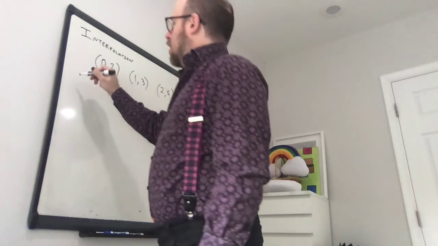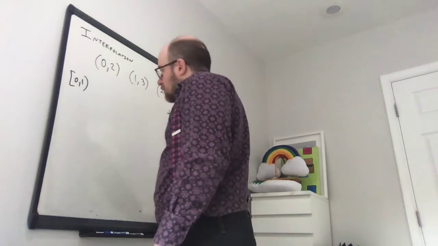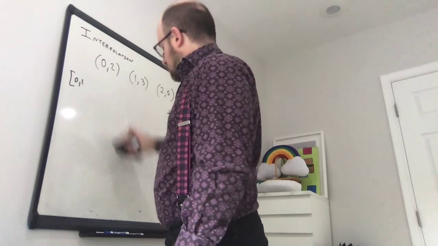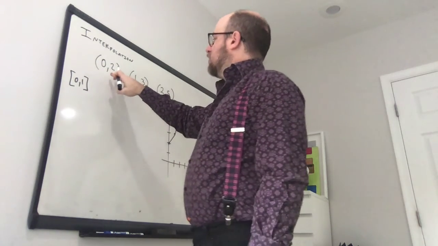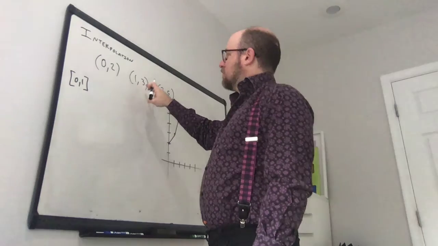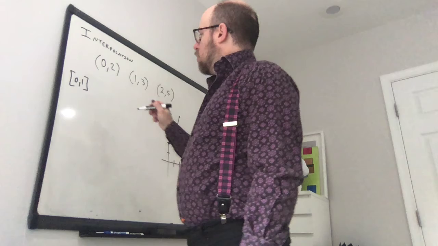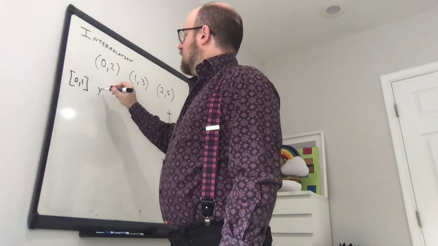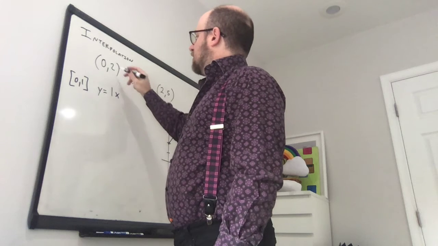And so on [0, 1], we want to use the line between (0, 2) and (1, 3). So that's a line with slope (3 minus 2) over (1 minus 0), so slope 1, so y equals 1 times x.